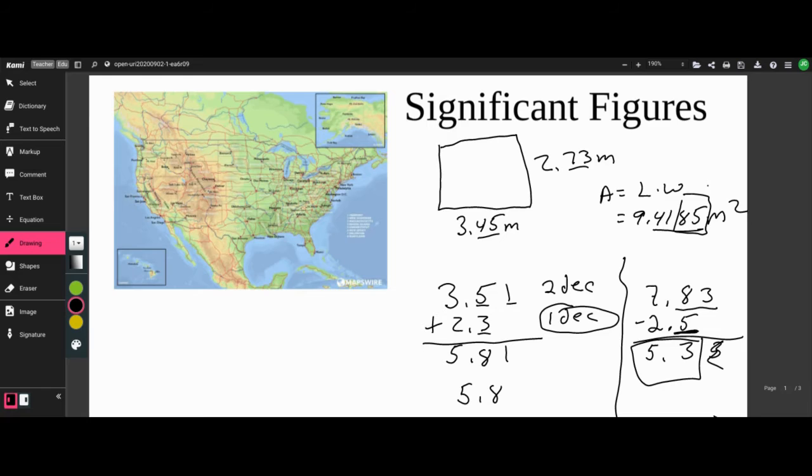Now, the second set of rules that we deal with is multiplication and division. The multiplication and division rules require us to look at leading and trailing zeros. A leading zero would be something like this, 53 10,000ths, and the leading zeros are these zeros.